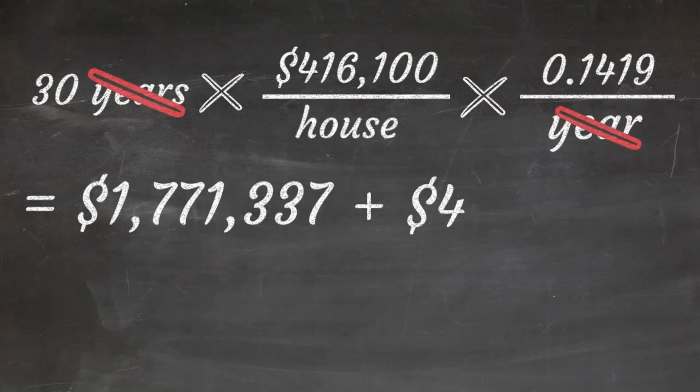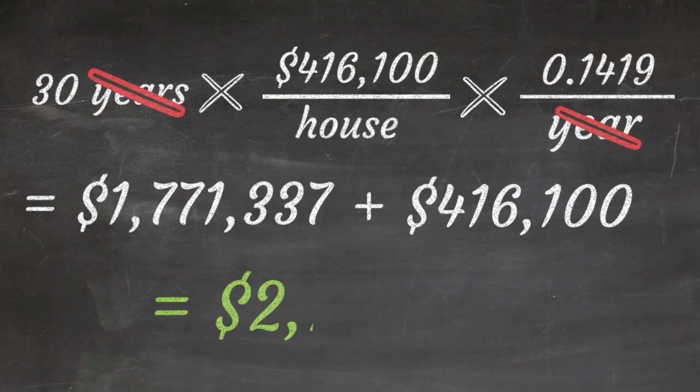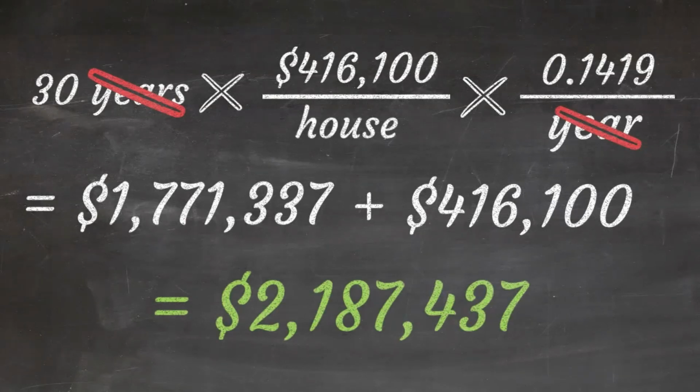And this is profit. That is how much your house has grown. The total value of your house would be a $2.187 million home. And that is the beauty of this number. Just plug in the number of years that you want, and you will have a rough estimate of how much the houses will be.